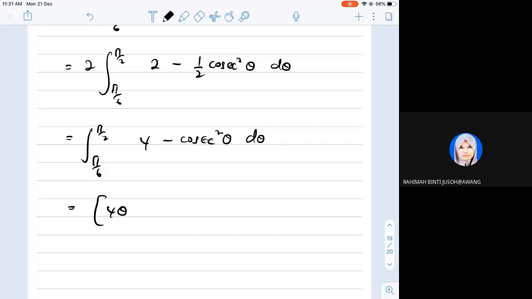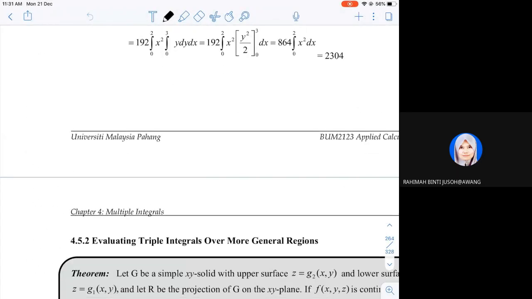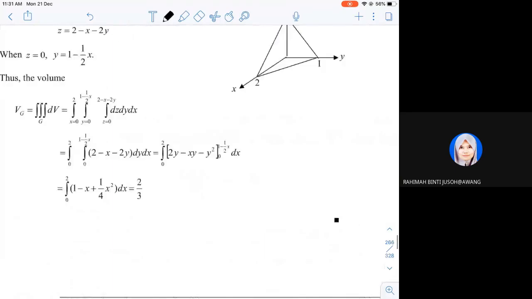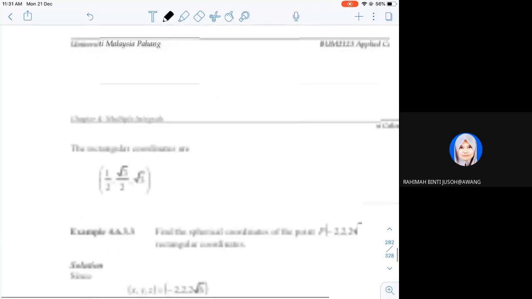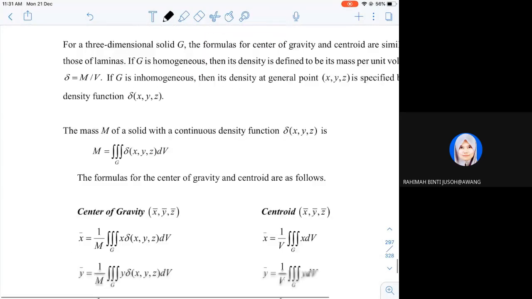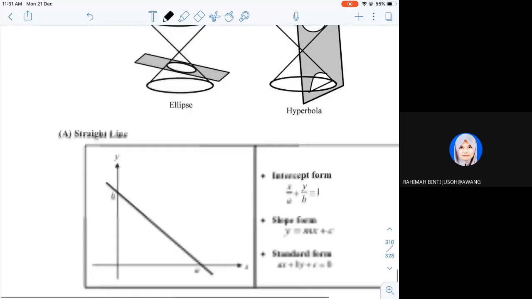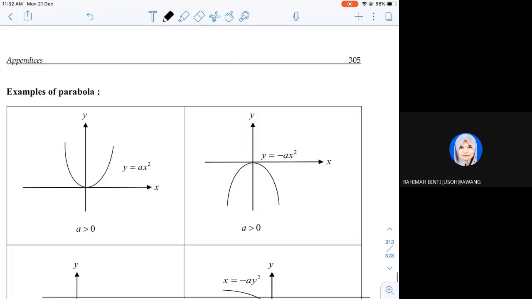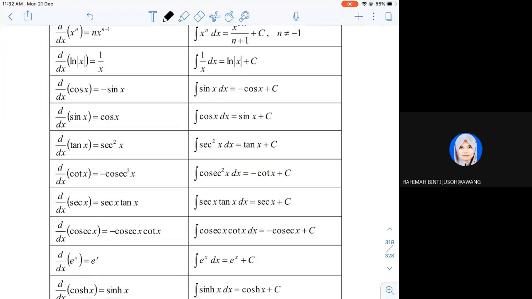Integrate cosecant squared. If you refer to your module, on the last page, we have an appendix of the formula of integration, if you bought the module. If you notice, at the back there is an appendix. Let's look at the integration of cosecant squared.